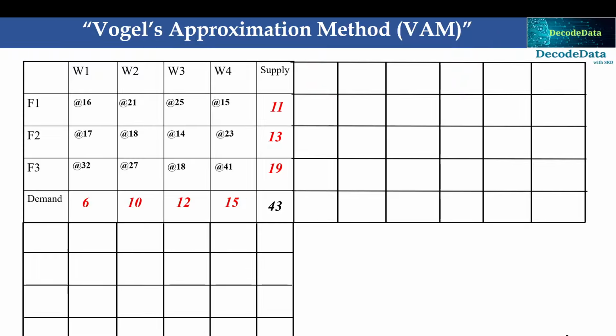Now in this matrix, we have all the rows and columns. If you see this matrix, first of all, as this method is also known as the penalty method, we have to calculate the penalty, fine.